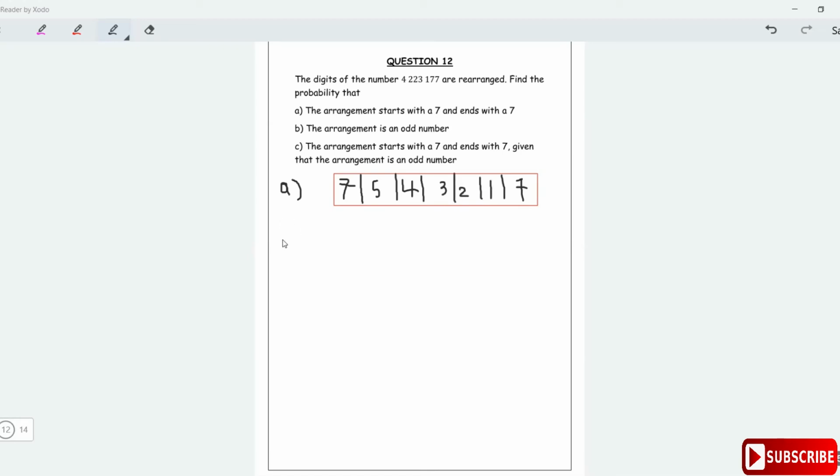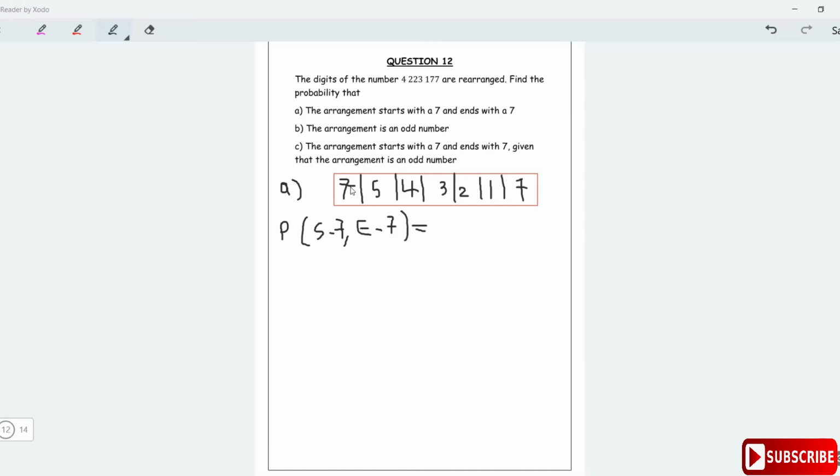And so that means the probability that it starts with a 7 and ends with a 7, P(S7, E7), is equal to all of this right here.